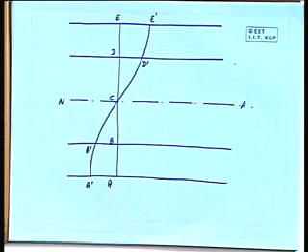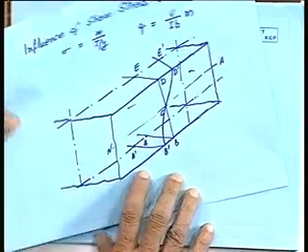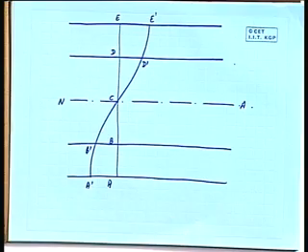So, when you try to open up this cross section and put it on a plane, this box will look like this here.